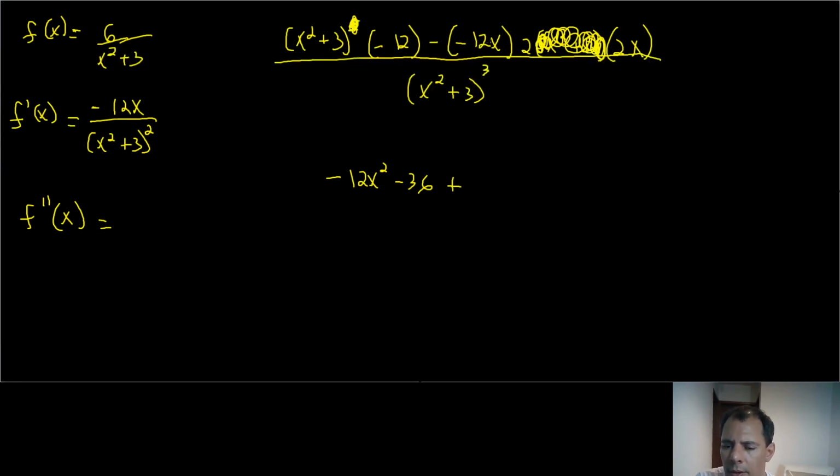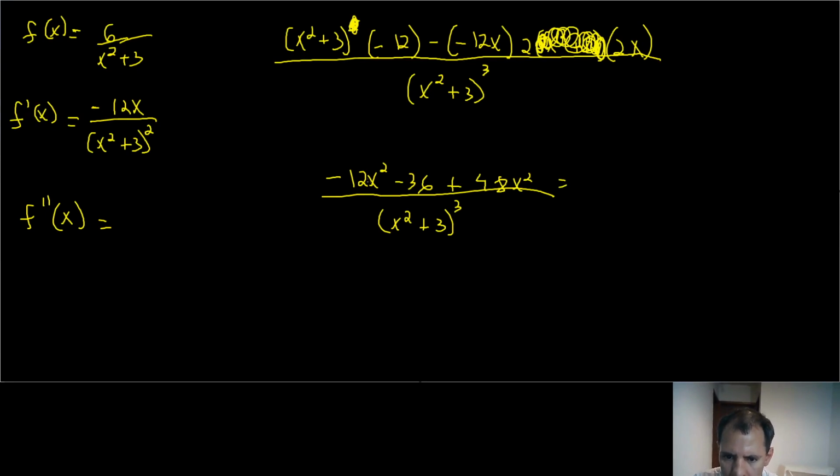And now you got 24x times 2, 48x squared, divided by x squared plus 3 cubed.